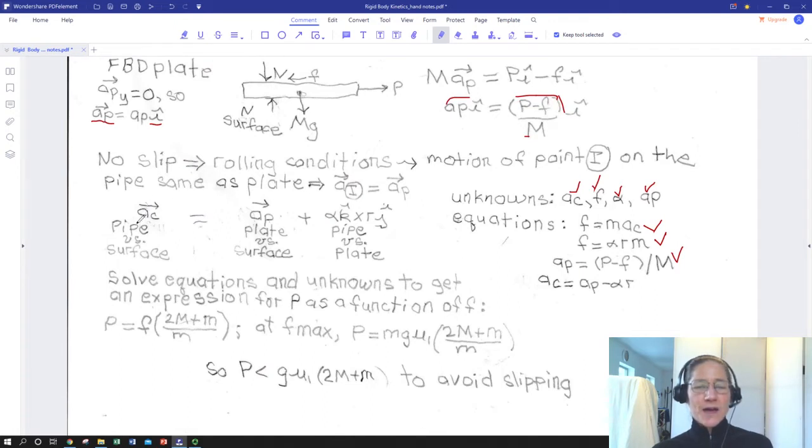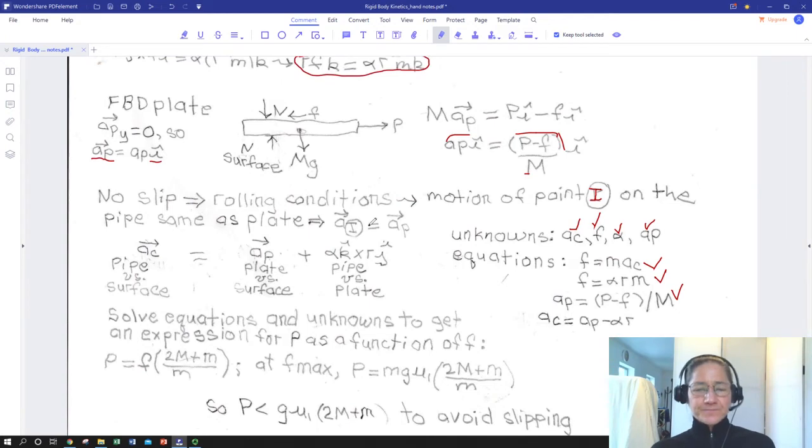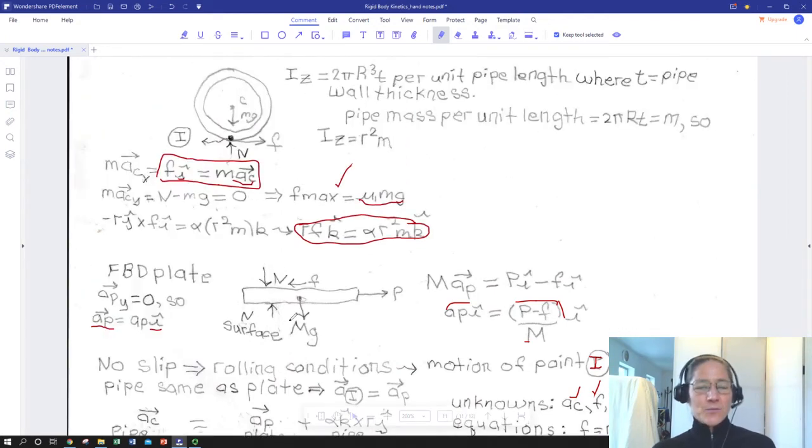So to do that, we're going to take a look at that point of contact, and look at the fact that at any instant in time, the motion of that invariant point on the pipe translationally is going to be the same as the plate at that point.